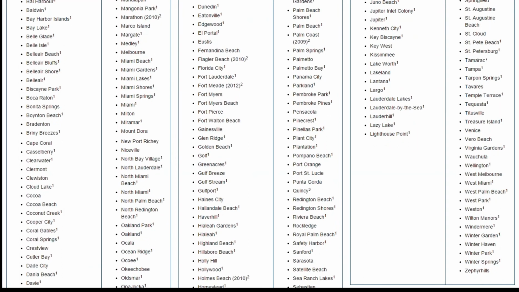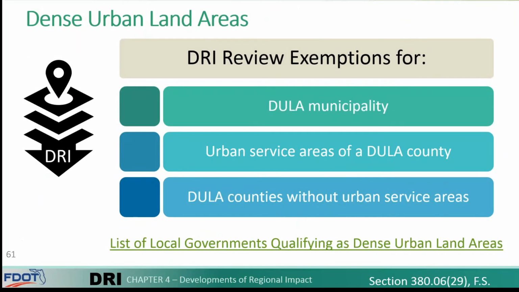As you see, this is the list of DULA areas, dense urban land areas, and it just goes on and on. Basically, if you have a dense urban land area municipality, it no longer needs to go through the DRI review.